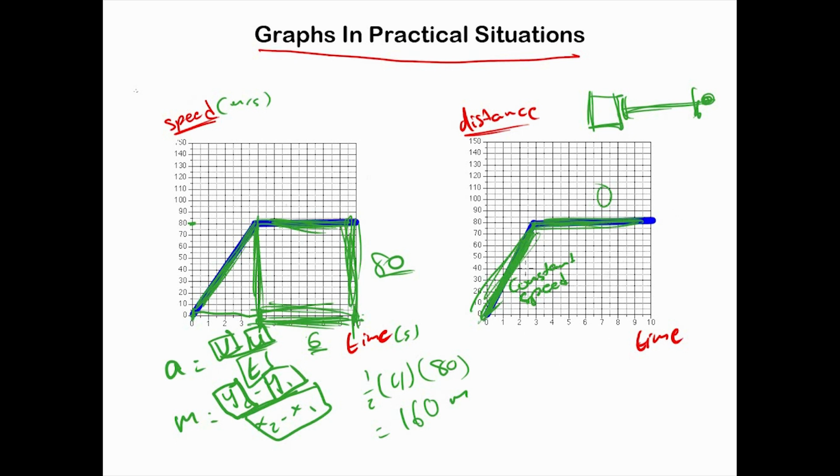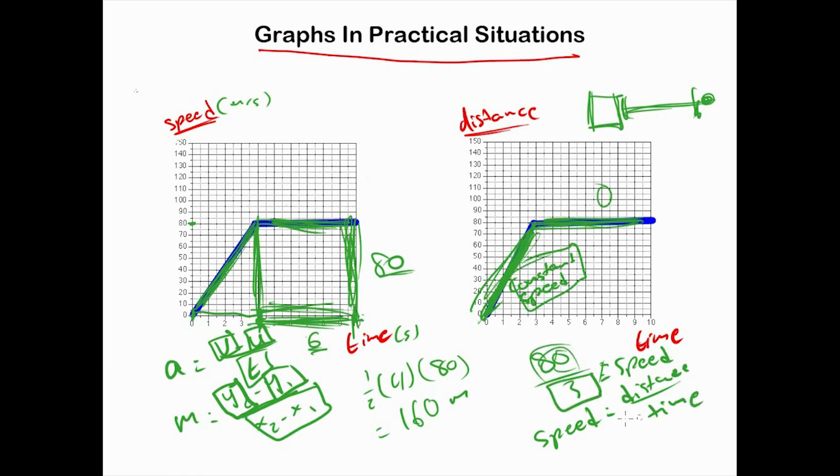While here, the person is moving at constant speed, so if you find the gradient, which is y2 minus y1, 80 over 3, that's the speed. And that's the same thing as using the formula speed equals distance over time. It's the same thing, 80, which is the distance, over the time, which is 3.